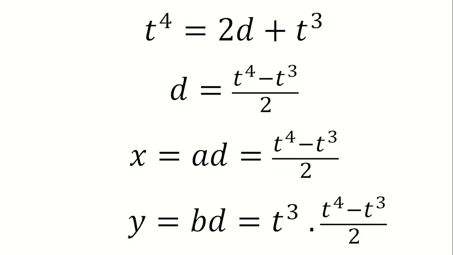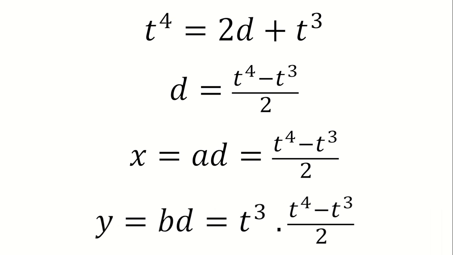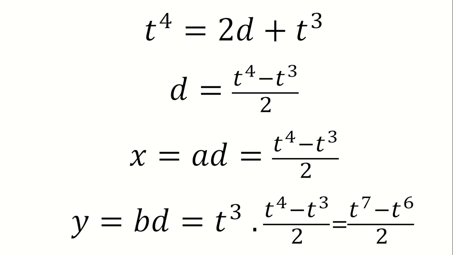The y parameter is equal to b · d, and b was t to the power of 3. So bd is equal to t to the power of 3 times (t to the power of 4 minus t to the power of 3) divided by 2. And this is equal to (t to the power of 7 minus t to the power of 6) divided by 2. So x and y are now completely solved in terms of the parameter t.